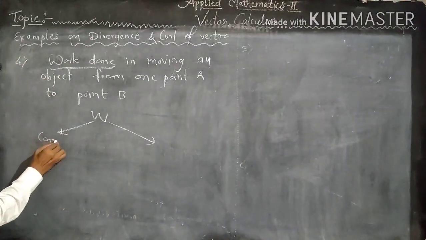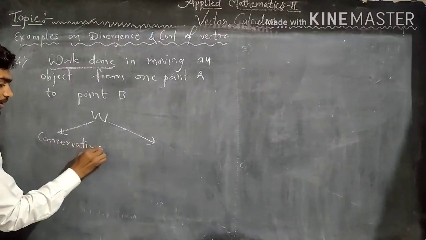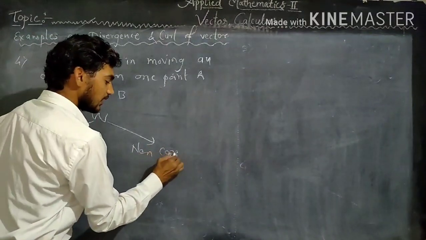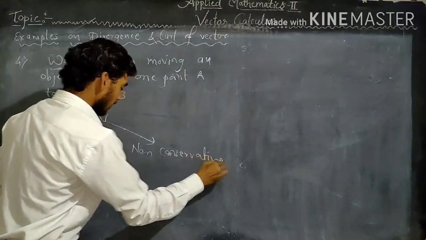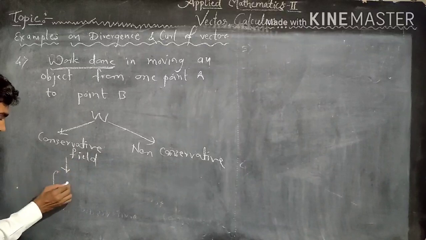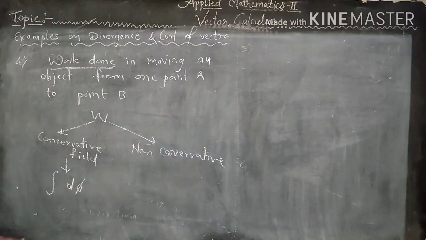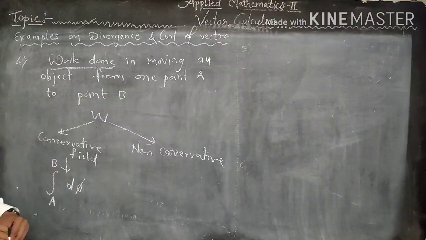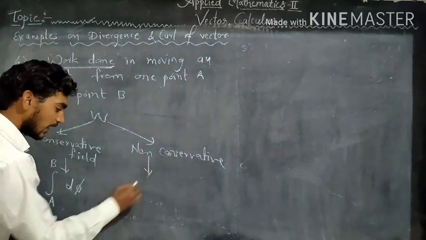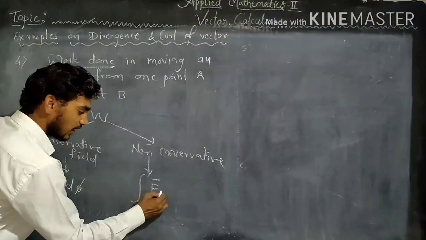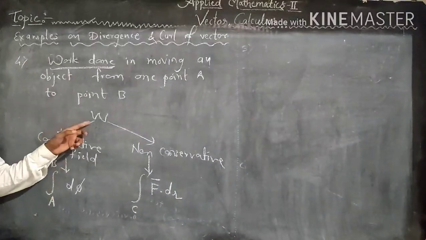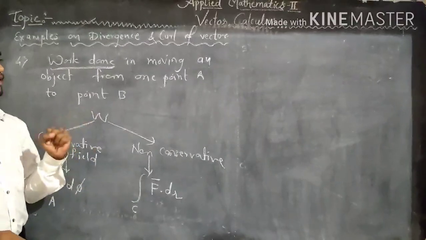That is, for conservative field and for non-conservative field, if we have to find work done, then for conservative field it is given by the formula integration d phi from point A to point B. But for non-conservative field, the work done is equal to integration of vector f dot dr over the curve. So these are the formulas that we will use in the example.